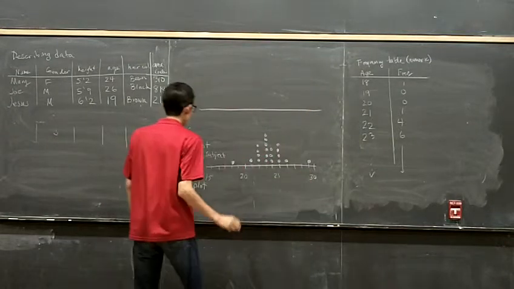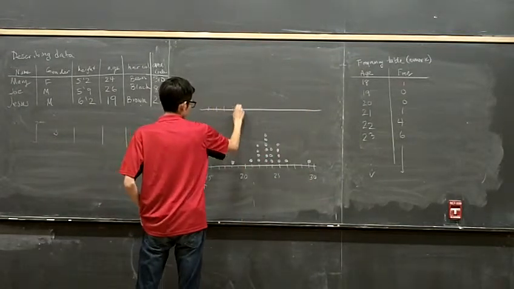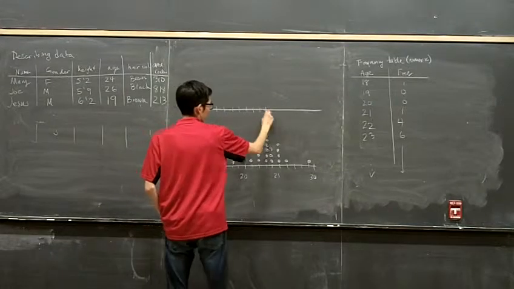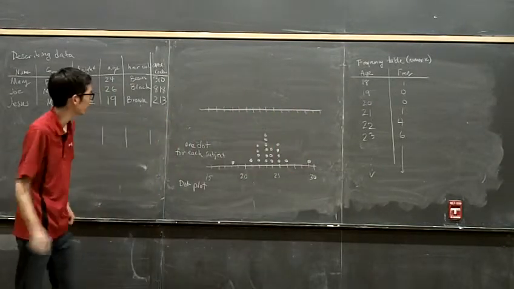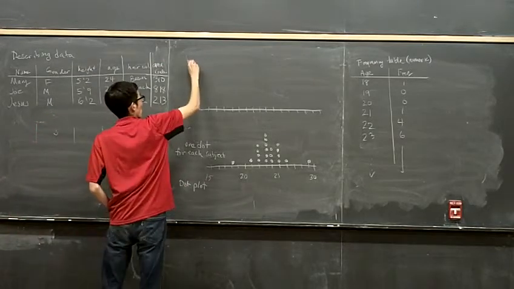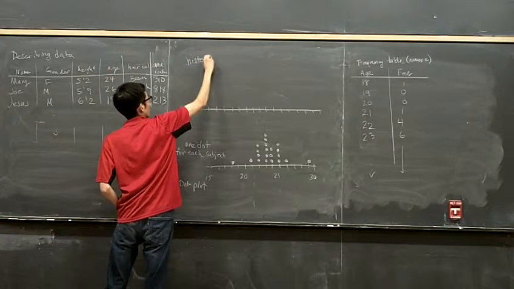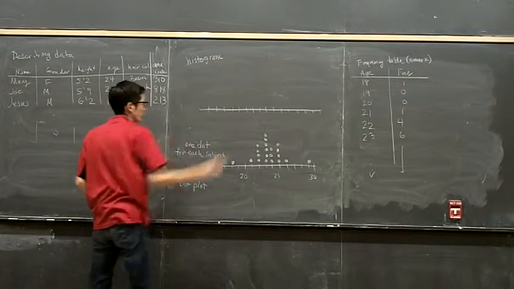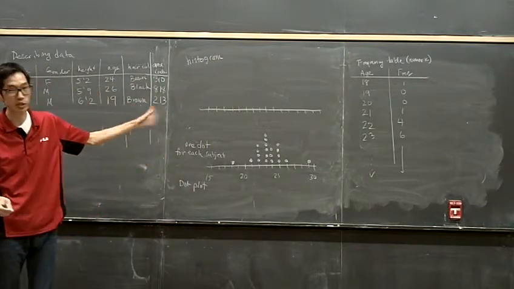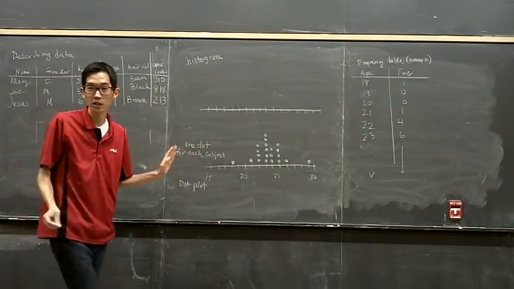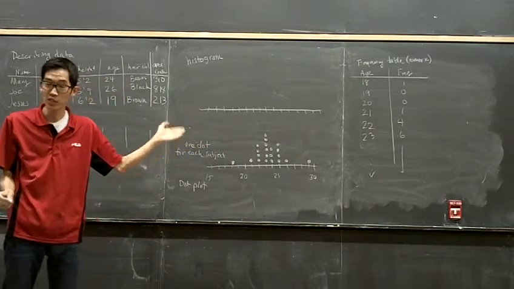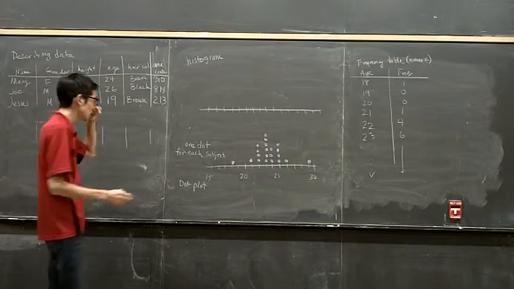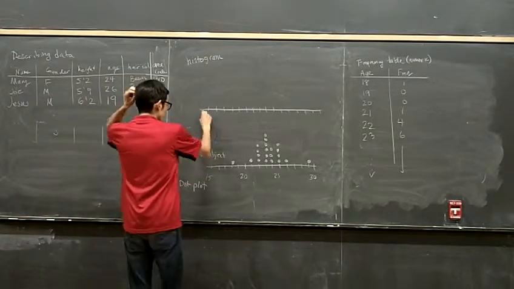So sometimes we make a histogram instead. Like a dot plot, because we're dealing with a numeric variable, we have to create a number line across the bottom.